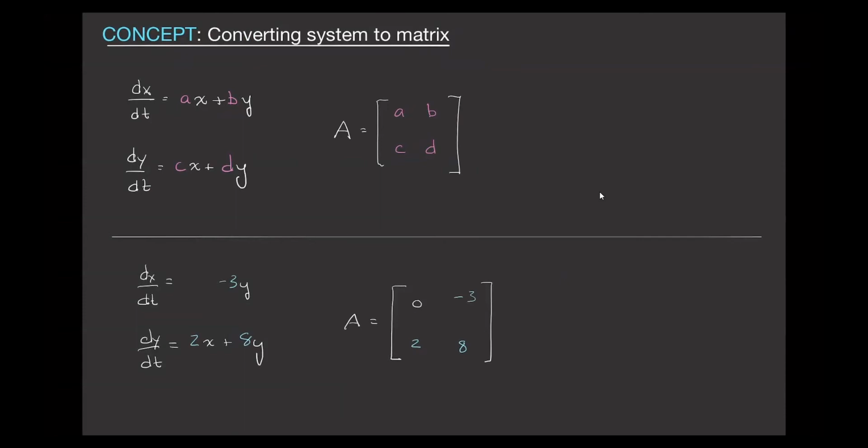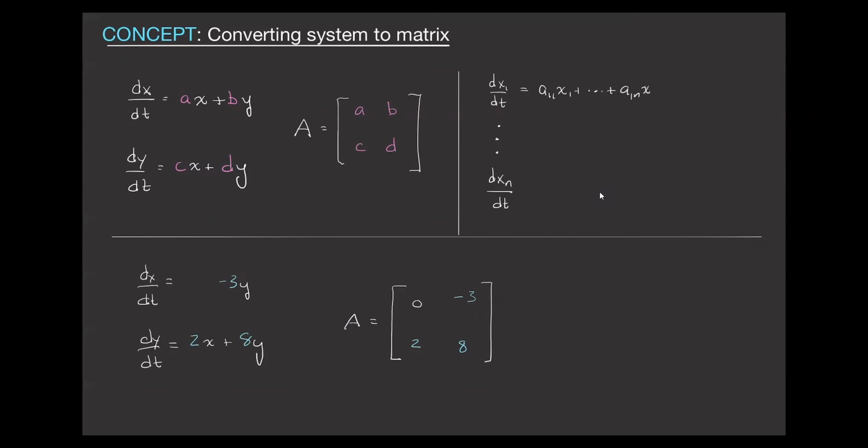So now that we've maybe gotten a little more comfortable with this, just to extend it, if you have dx1/dt down to dxn/dt equal to a11 x1 plus dot dot dot plus a1n xn, and so on down to an1 x1 plus dot dot dot, like so.